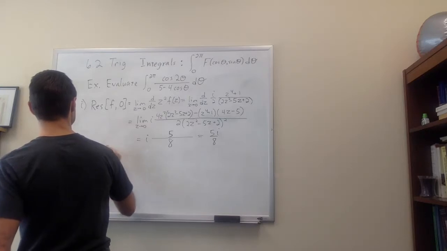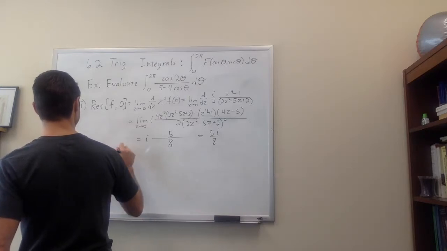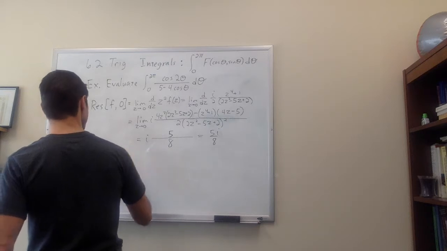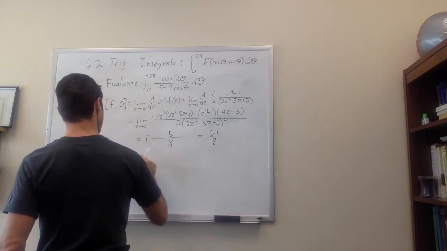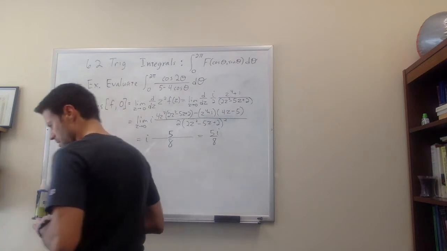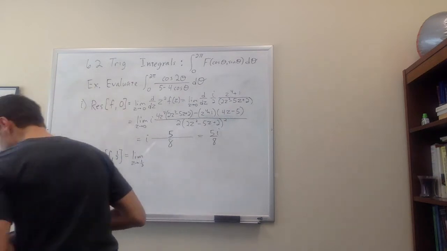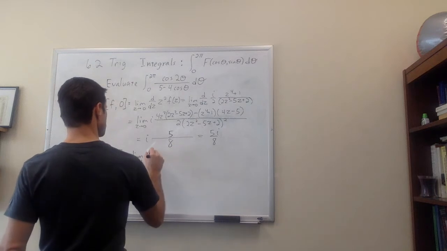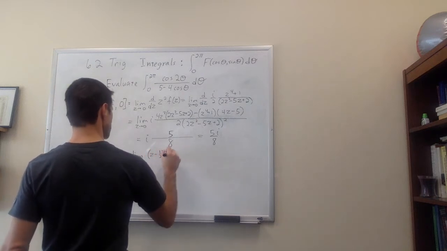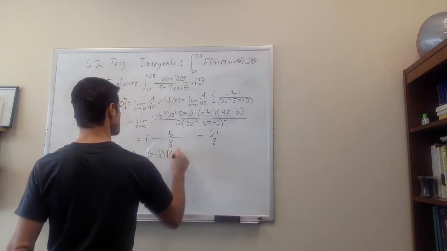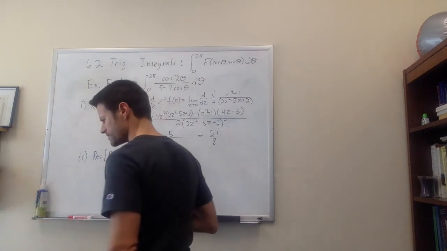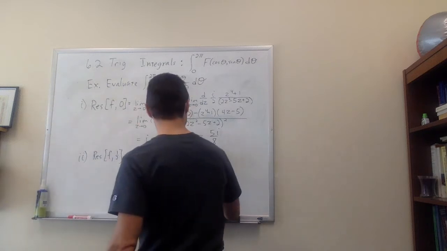For the residue of f at 1/2, this is a simple pole, so we take the limit as z approaches 1/2 of z minus 1/2 times f of z.